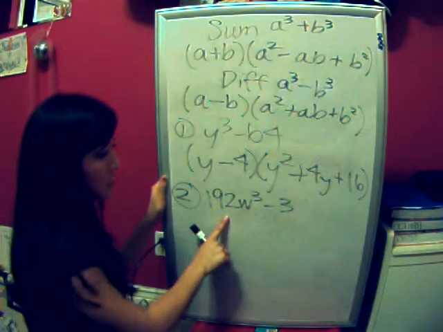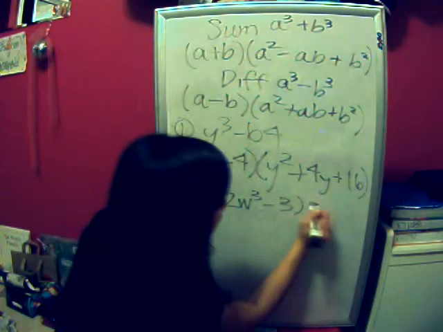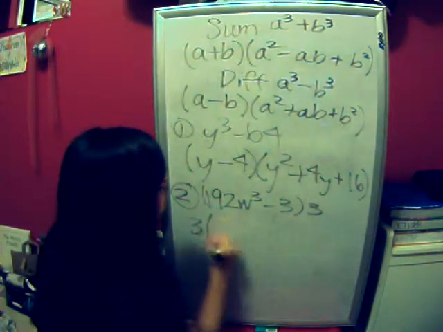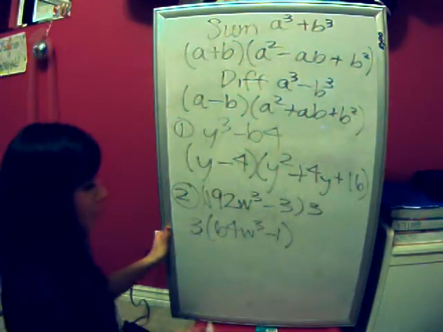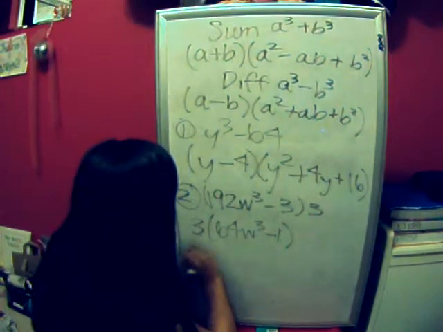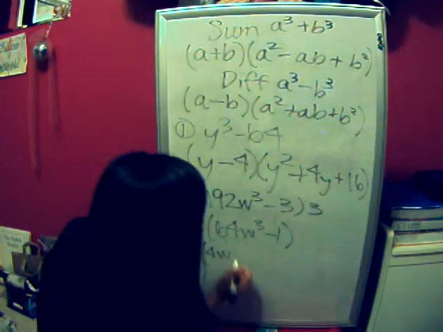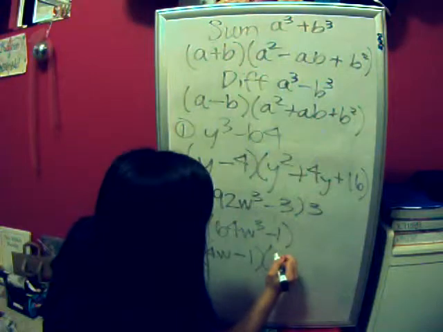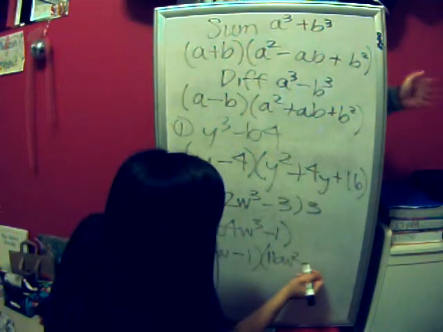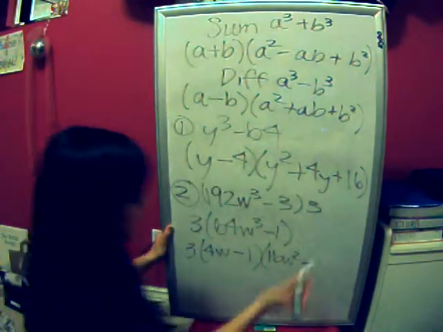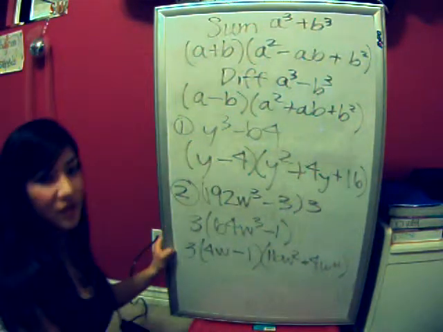And since this can't be cube rooted, you want to pull out the 3, and you get 64w cubed minus 1, and then you have to factor it, which would be 4w minus 1, 16w squared plus 4w plus 1. And then that is the final answer.